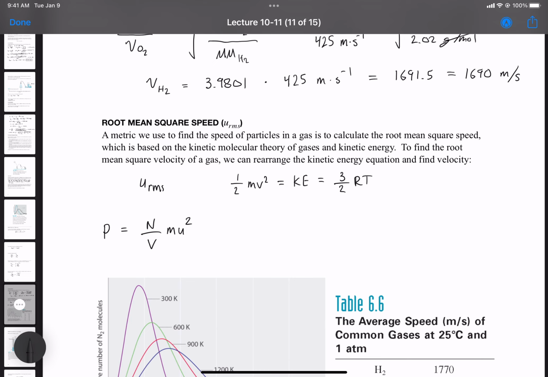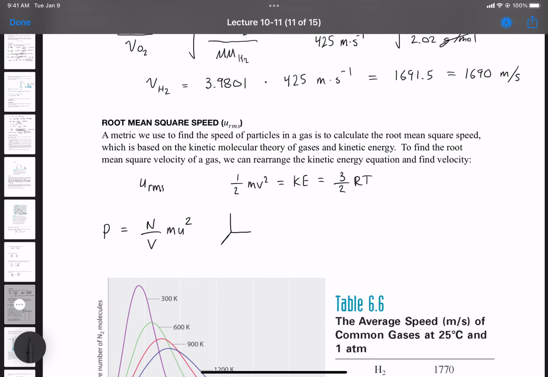But since gases are 3D molecules, they have three directions for which they move. So to take the average pressure, we say, okay, the speed at which a gas moves is probably going to be the same in the x, y, or z direction. So if we draw our coordinate system here, the direction a gas moves is going to probably be the same.